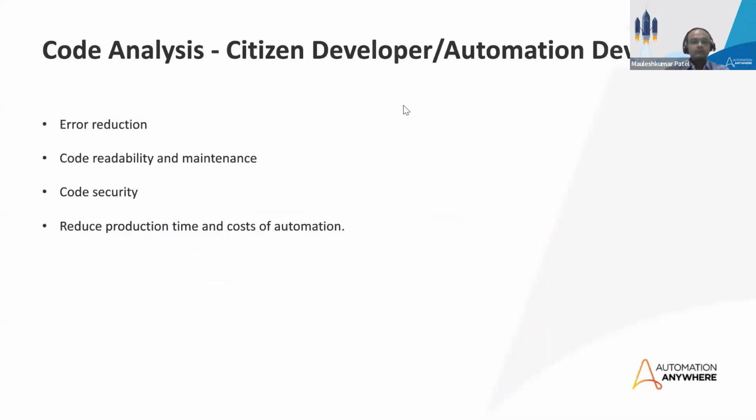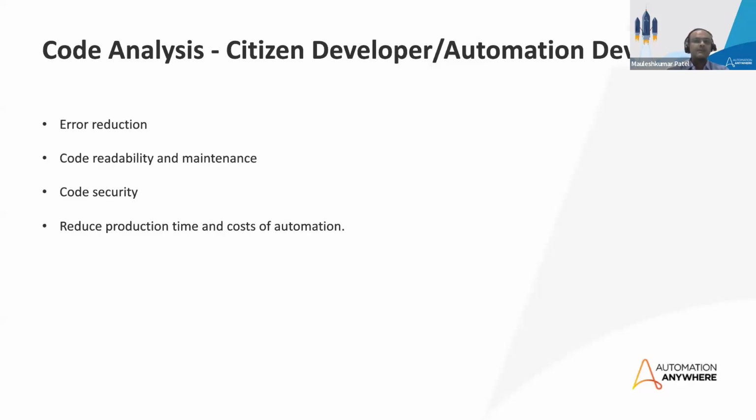Okay, so what are the best benefits for the automation developer or citizen developer? It will help them to reduce errors, make the code easy to maintain, and more secure. As I mentioned, instead of having a constant path, it would be better to store it in a variable, or store it in the control room.